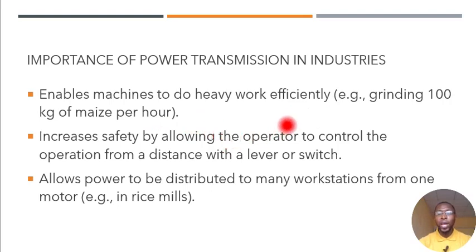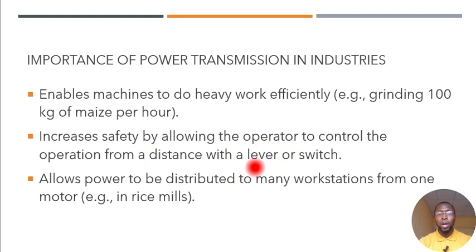Imagine when there is no power transmission, it will be difficult to grind this quantity of maize in this time. So it enables machines to do work efficiently, and of course, we can say that it saves time as well. Secondly, it increases safety by allowing the operator to control the operation from a distance with a lever or switch.